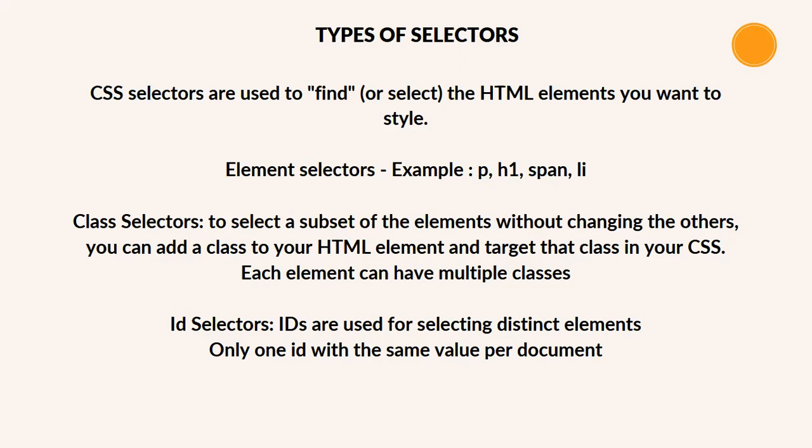But if I wanted one paragraph to be peculiar, I could give that paragraph a class. Maybe I can call the class different. Then in my CSS, I will target different, and I'll give that a different style. So you can also use classes to style your elements.